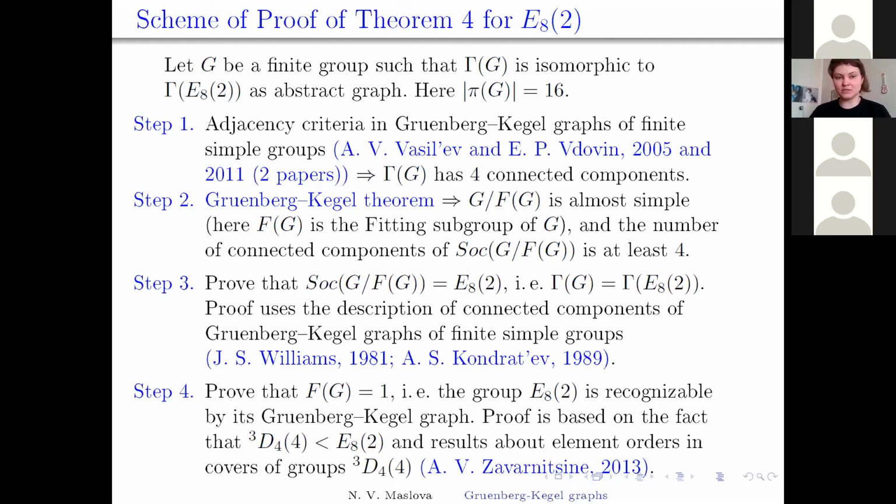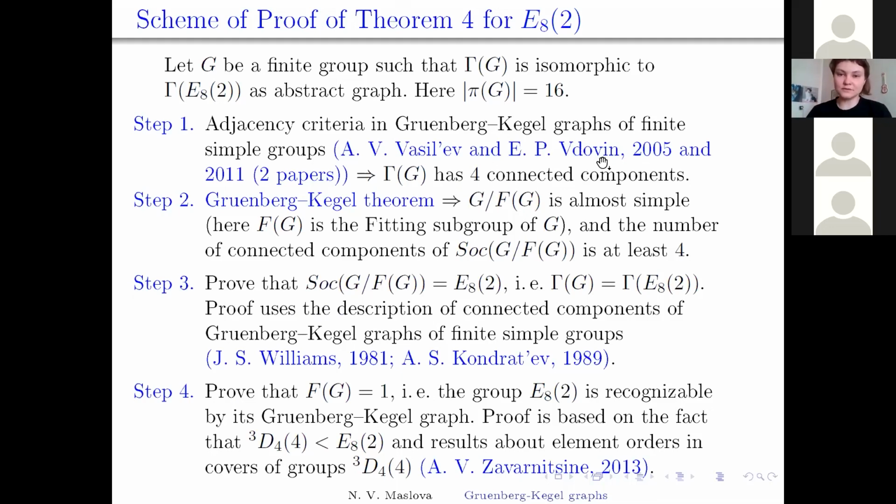We apply adjacency criteria for Gruenberg-Kegel graphs of finite simple groups and conclude that the graph of G has 4 connected components, and from these results we know the degrees of all vertices of this graph.